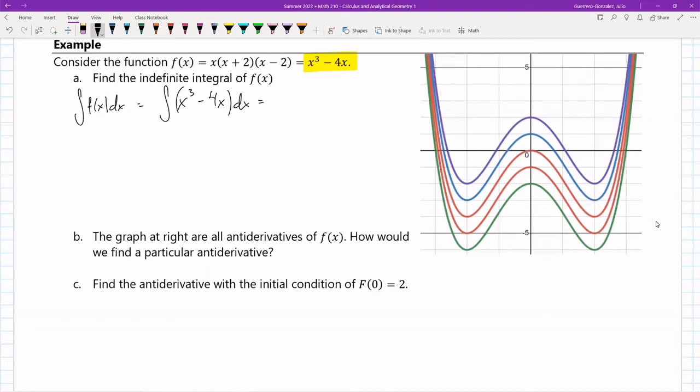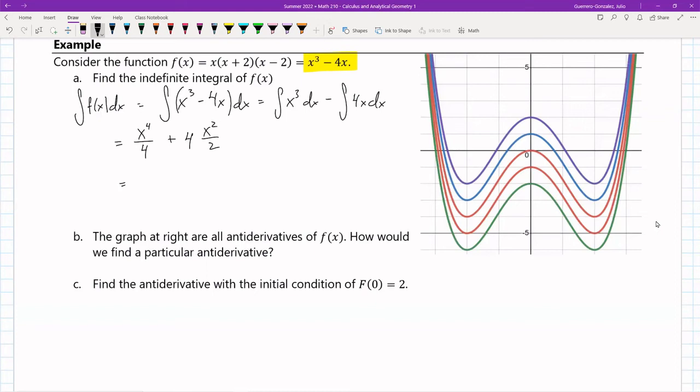This is equivalent to the integral of x cubed dx minus the integral of 4x dx. Again, I'm overly explaining this so that everybody can see the logic behind it. So if I take the integral of x to the third, this is going to be x to the fourth over 4, plus 4x squared over 2.